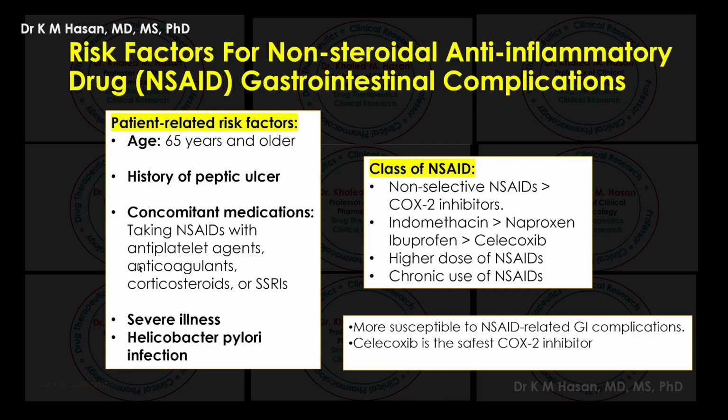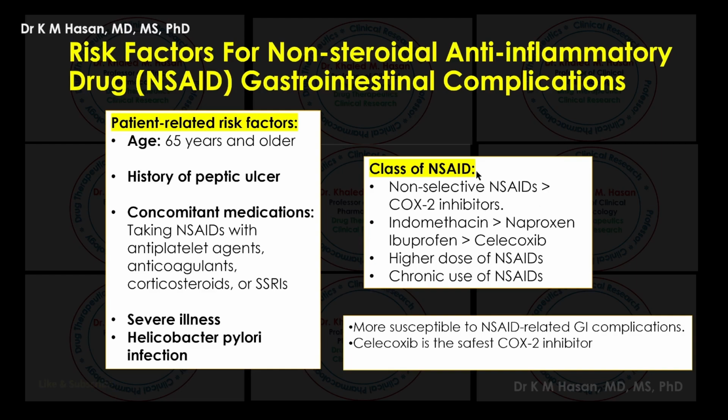If the patient takes any other medication such as antiplatelet, anticoagulant, cortisone, or SSRI, which stands for selective serotonin reuptake inhibitor. If the patient suffers from severe illness, or from Helicobacter pylori infection. So we have patient age, history, and concomitant use of medication.